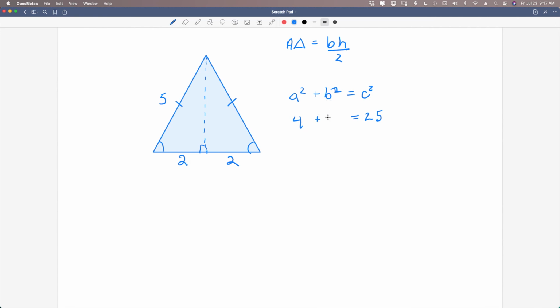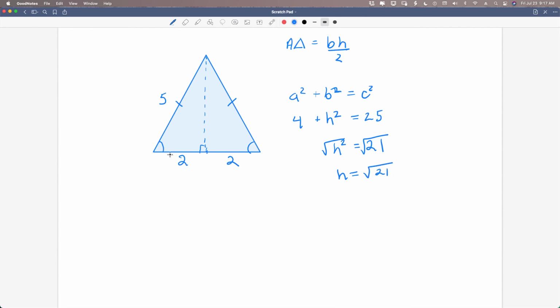So in this case, b is going to be the height. So we'll say height squared. So now we're going to take the 4 to the other side. We're going to say h squared equals 21. That's what we have left. Now we're going to unsquare this. And we're going to say the height equals the square root of 21.